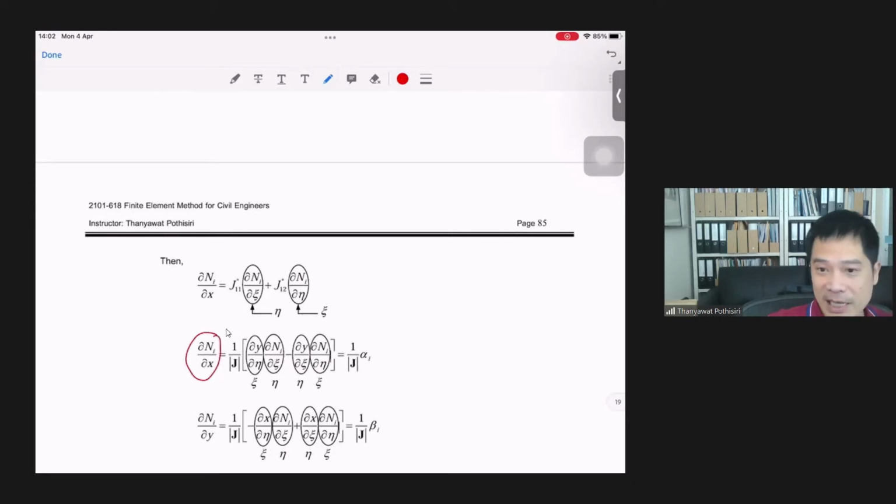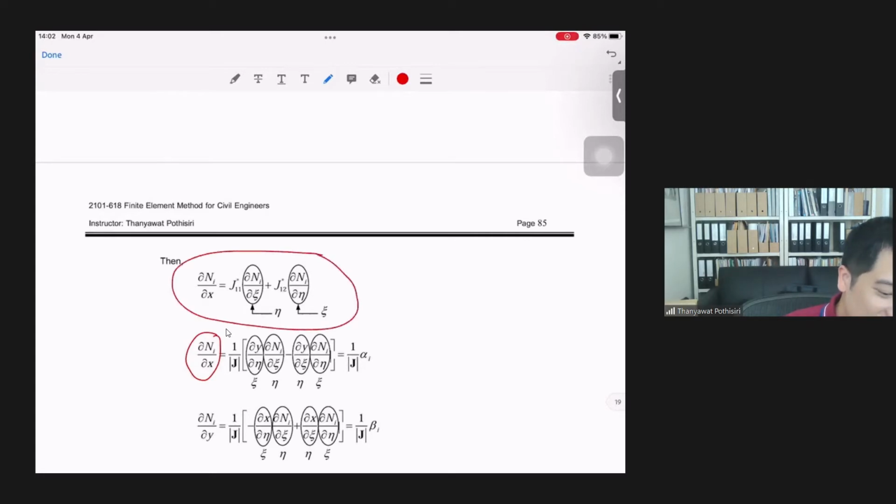And previously, we have seen that the derivative of the shape function with respect to x can be written according to this equation right here. Okay, so you see that it consists of the J star term, which is the inverse of the Jacobian matrix, right?